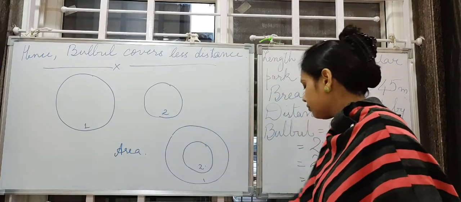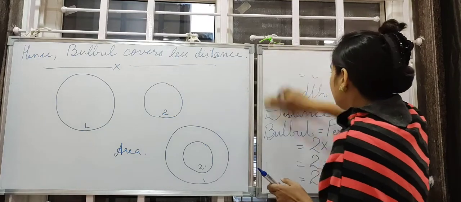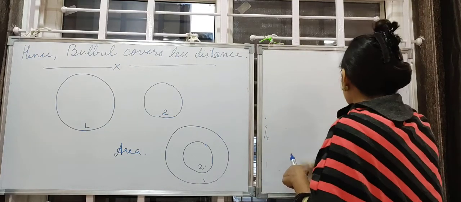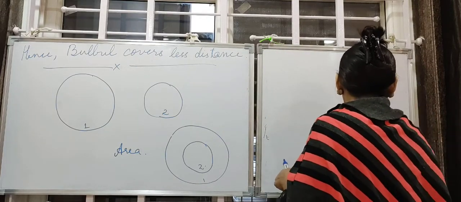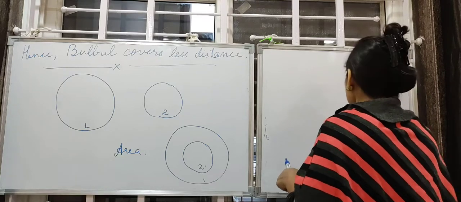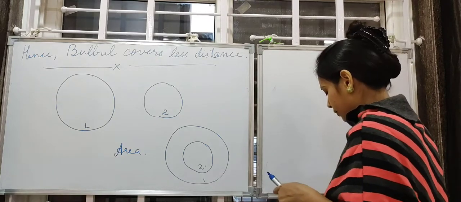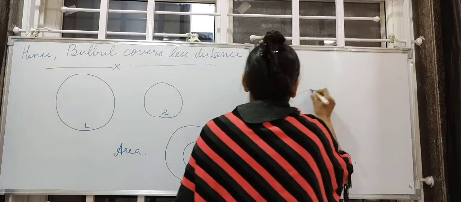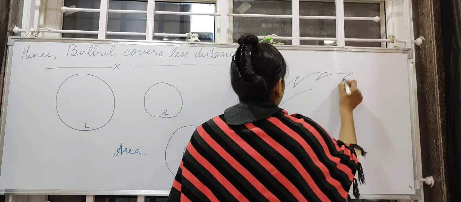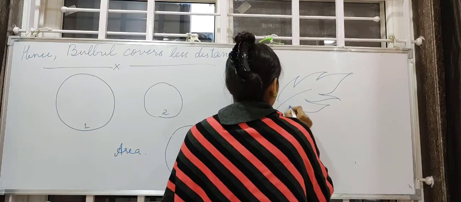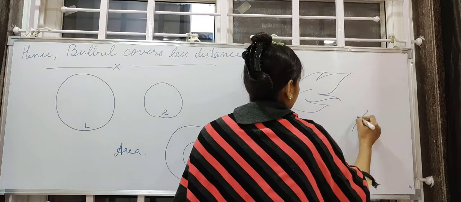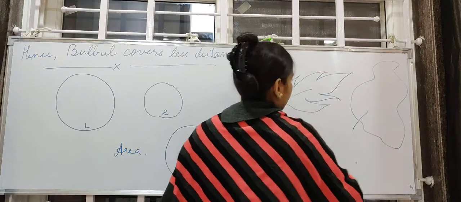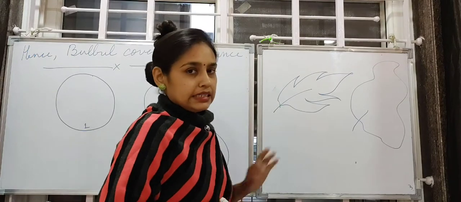But if the figure is something like this, wait, I'll tell you something like what. Suppose the figure is something like this, then whose area is greater?